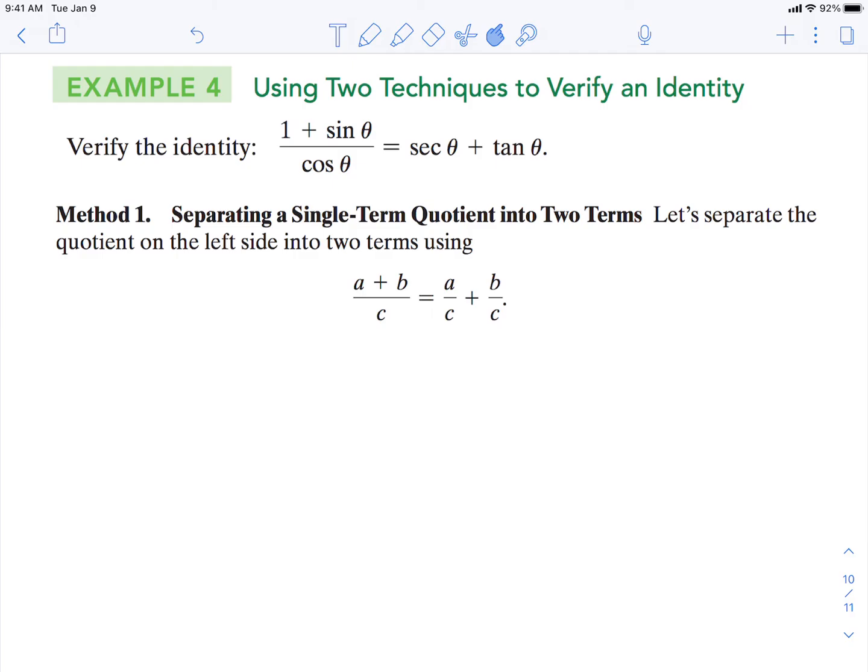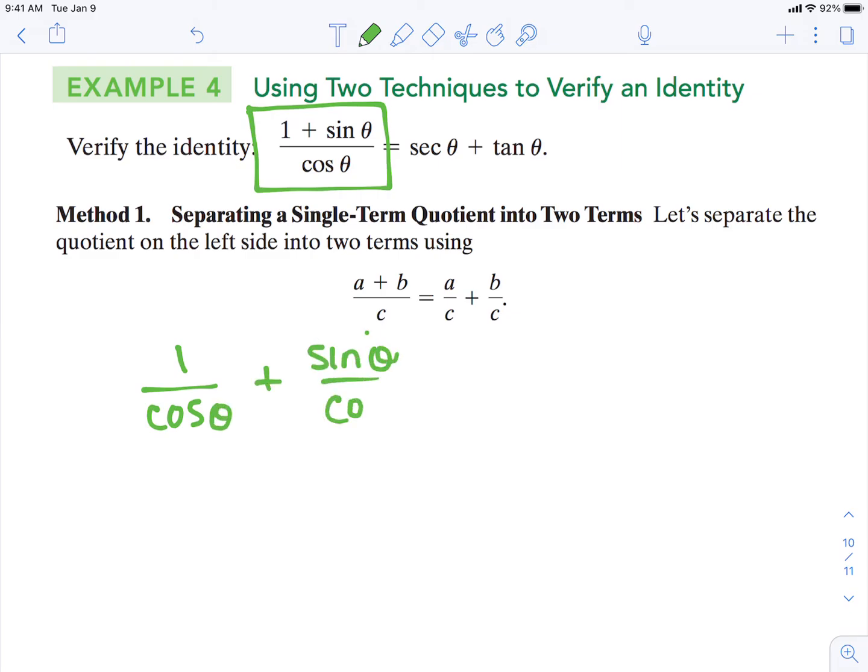Example 4, using two techniques to verify. So I'm going to do this problem using method 1, where we're going to separate a single term, quotient, into two terms. So we're going to start with this side, and we want to get it to be on the right. So I'm going to separate that fraction into two fractions, 1 over the cosine of theta plus sine of theta over cosine of theta.